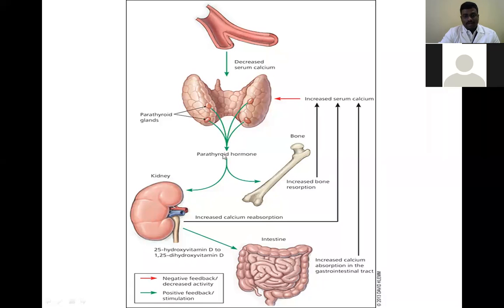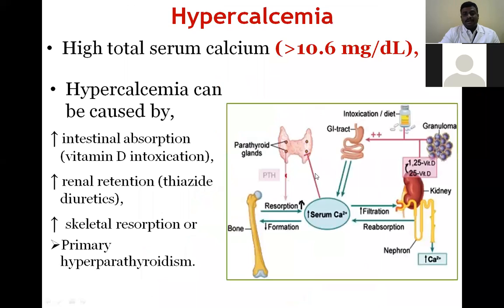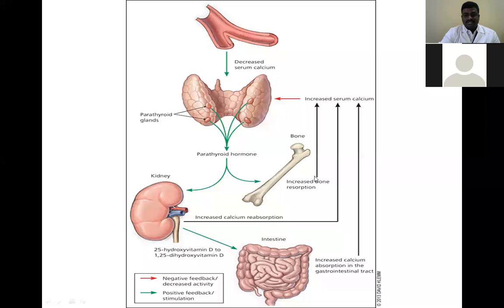The parathyroid gland senses the low calcium concentration in the blood and immediately releases parathyroid hormone. This parathyroid hormone acts on bone and kidney. In the bone, bone resorption takes place, and calcium from the bones is released and reaches the blood for regulation.